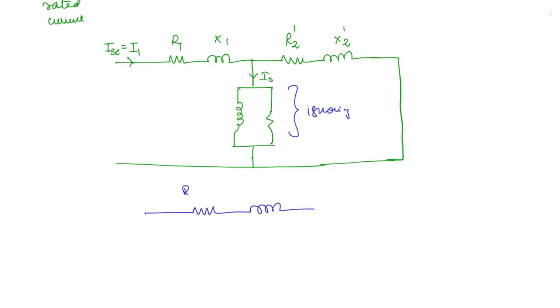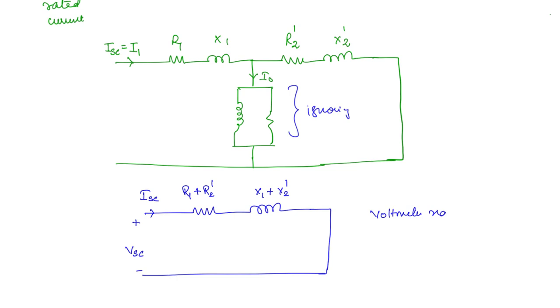What will this be? R1 plus R2 dash, and X1 plus X2 dash, and this is shorted, right? So here we have the short circuit current ISC, and this voltage we can take as VSC. Basically the voltmeter reading is represented as VSC.